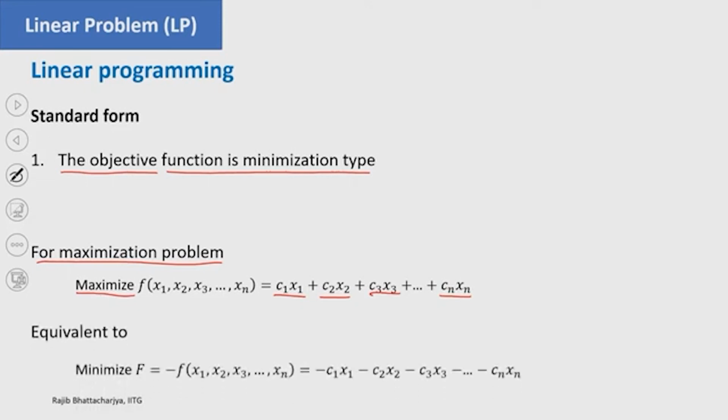To do that, I will multiply it by -1, and then your objective function will be converted to a minimization type problem. So, if you multiply it by -1, you get minus C1 x1 minus C2 x2 minus C3 x3 ... minus Cn xn. Therefore, to convert your problem to standard form, if your objective function is a maximization type function, you just multiply it by -1 and that will convert your problem to a minimization type problem.